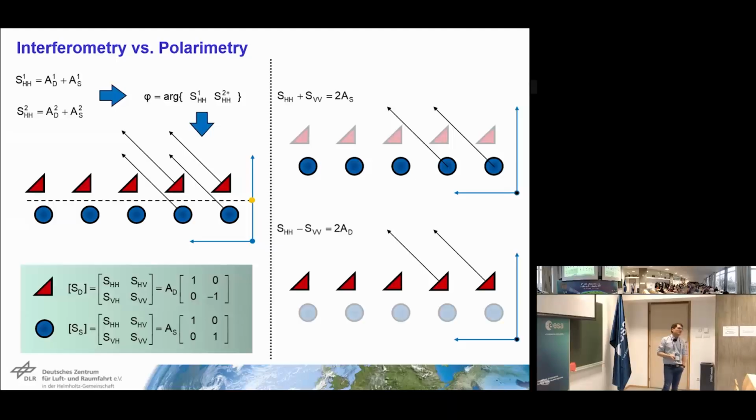And now if you make interferometry, what can you do? You have two new polarimetric channels. The one is a polarimetric channel where you have only the spheres. The second one is a polarimetric channel where you have only the dihedrals. And now you make the same for the first and the second acquisition.